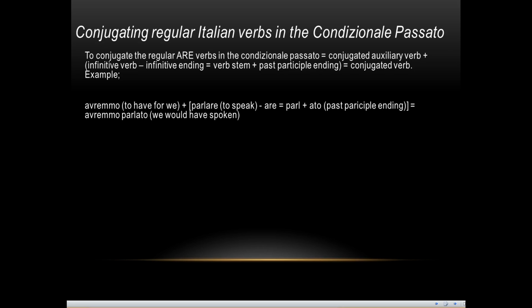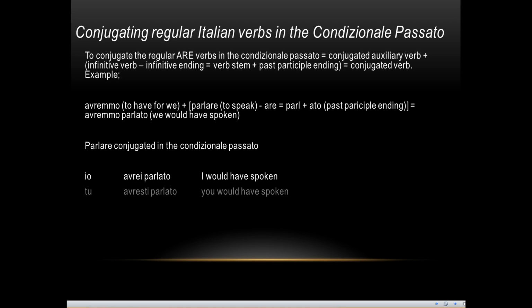For example, avremo, to have for we. Parlare, to speak, minus are equals parl plus ato, the past participle ending. Hence, we have avremo parlato, we would have spoken. Parlare conjugated in the condizionale passato. Io avrei parlato, I would have spoken.